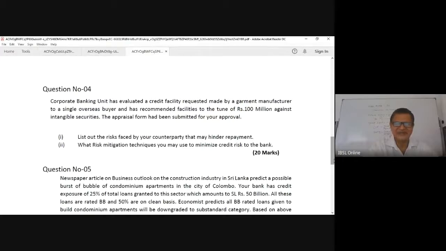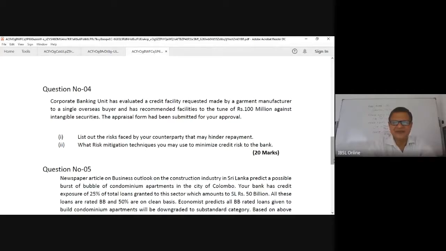The intangible securities include a corporate guarantee, that sort of thing, where you can't completely recover immediately in case of a default, because you can't go to courts and do repossessions and file actions against that. You need to file action against the document only. It's been signed by the directors.